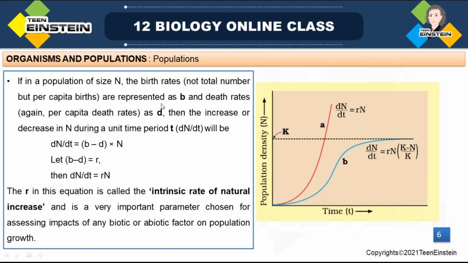Here B and death rate D, again that is also per capita. B and D, birth rate and death rate.